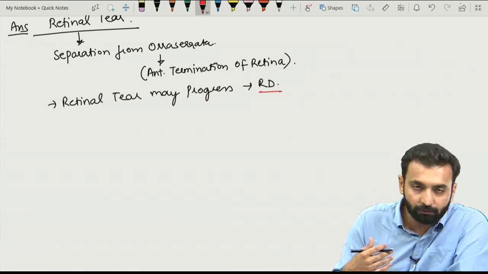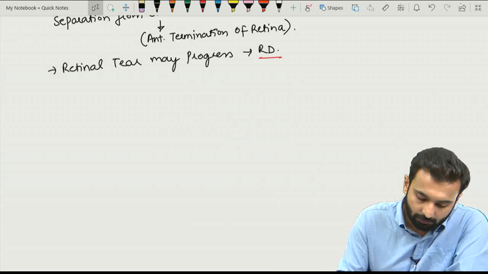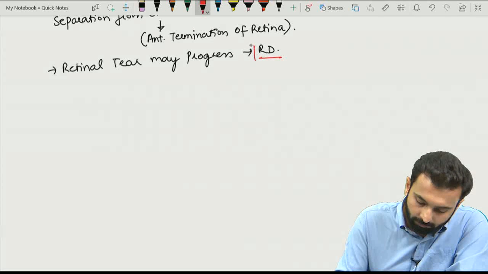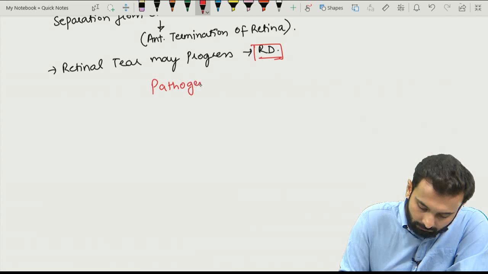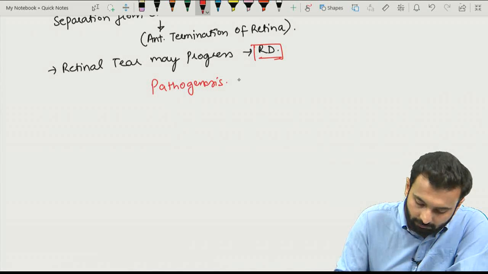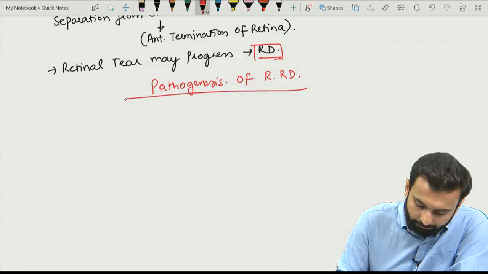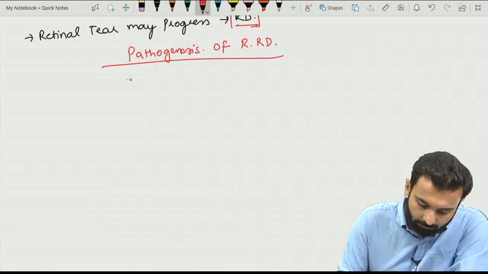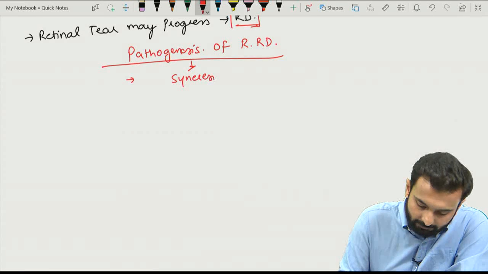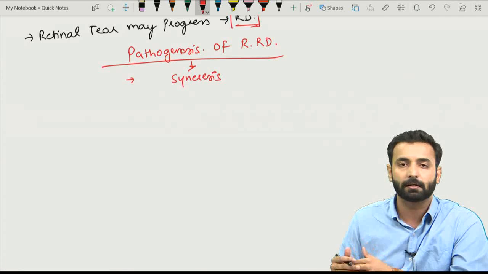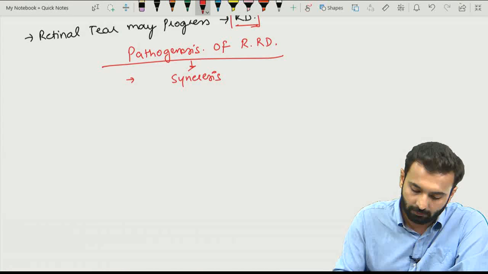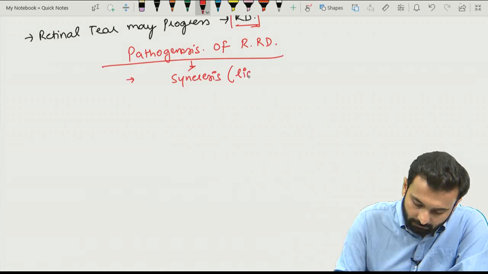Now, to know further about retinal tear, you should keep in mind the pathogenesis of rhegmatogenous RD. What happens is that due to syneresis, and what is syneresis? Syneresis is liquefaction of the vitreous which occurs due to aging.